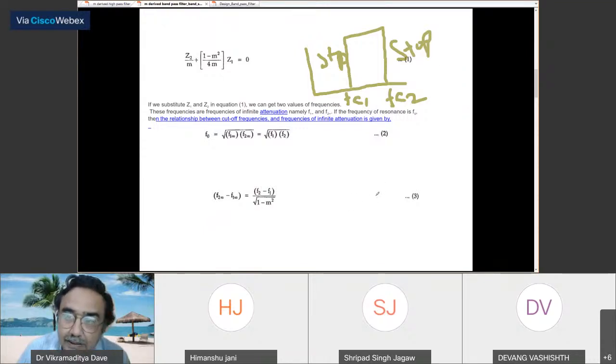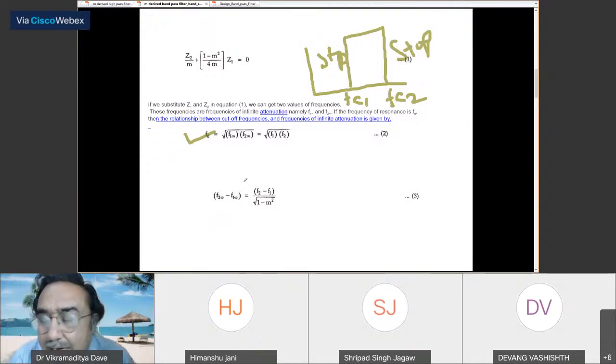We will not go into the detailed mathematical juggleries. It is the same as we have derived for the other filters. So directly we get the result that the resonance frequency will be the same for all types of resonance, whether it is series resonance or shunt resonance.